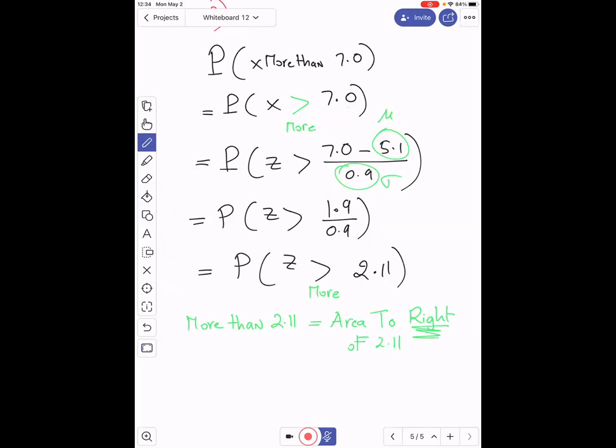Now, what's the problem with the area to the right? The chart doesn't give you the area to the right. It gives you only the area to the left, so that's when you have less than.